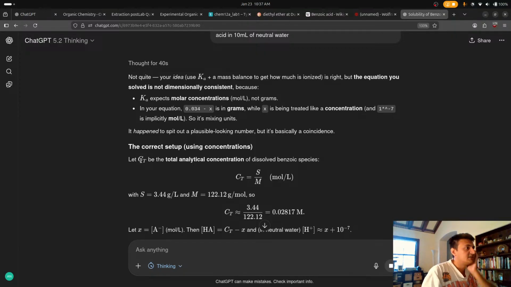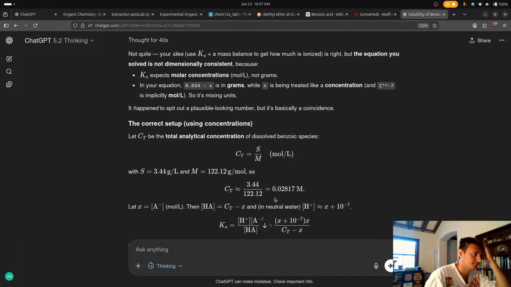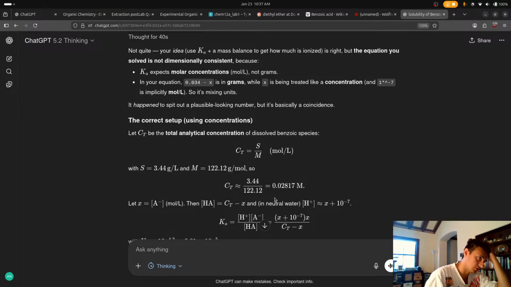Let CT be the total analytical concentration of dissolved benzoic species. Oh, okay, all right.